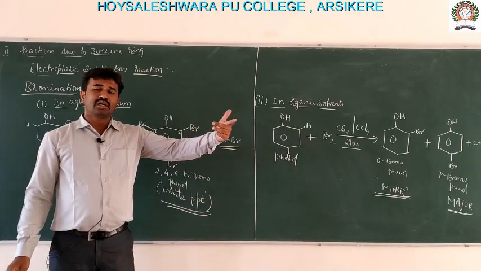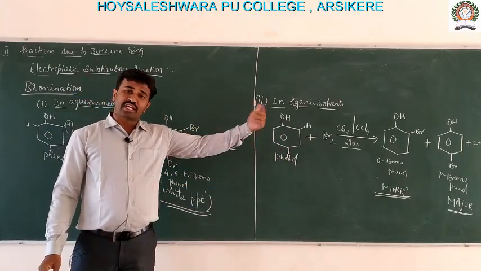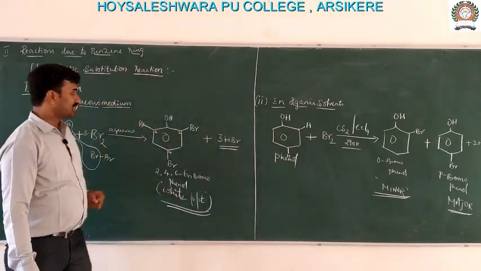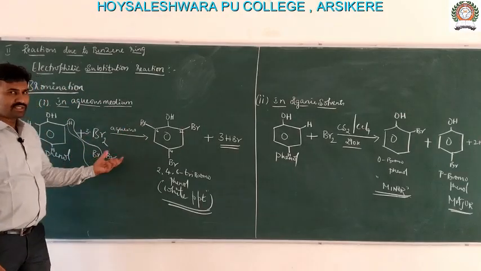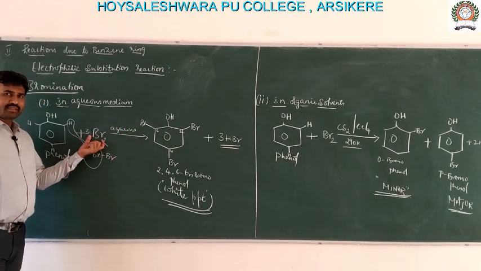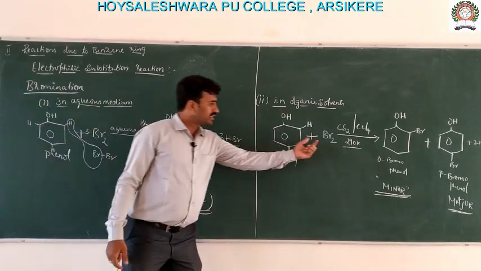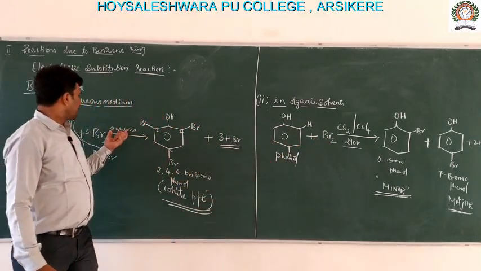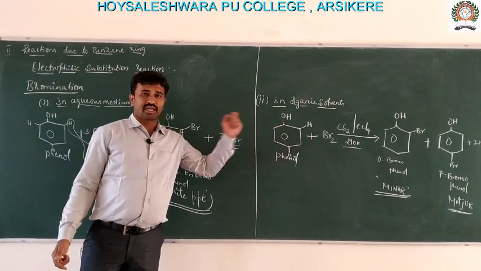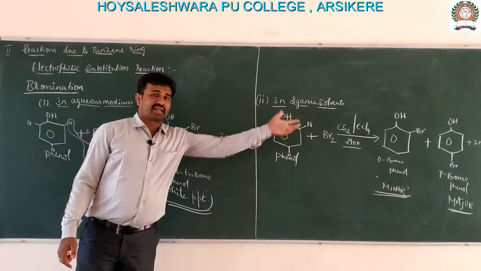Sir, in both reactions the reagent is the same, bromine, but the medium is different. One is aqueous medium, the other is organic medium. How or why do the products differ in these two reactions? The answer is very simple. The reagent is the same, bromine, but the media are different, so the products are different.